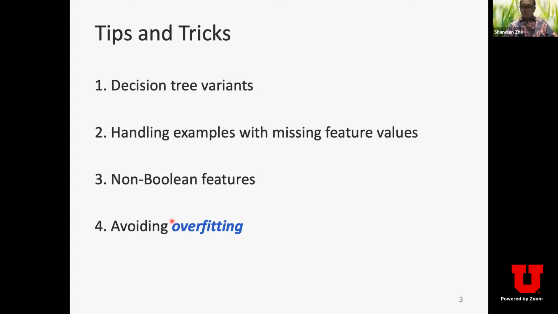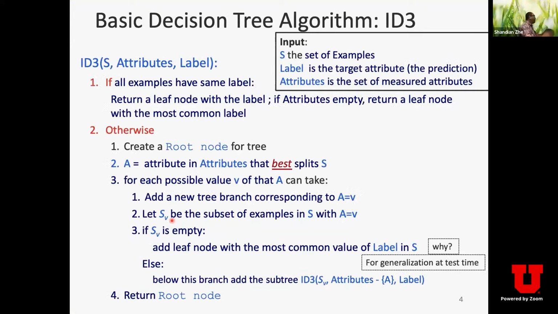Okay. So first, let us go back to the ID3 algorithm, the most classical and widely used decision tree learning algorithm. So as we emphasized, ID3 algorithm is a recursive algorithm, meaning that it will repeatedly call itself to grow the tree, right? Grow the new branches and split data sets and so on. Right?